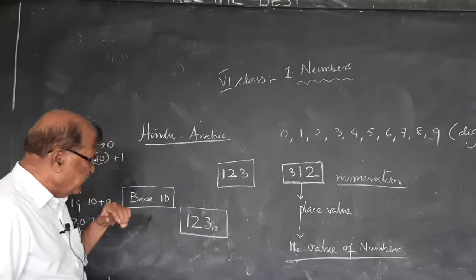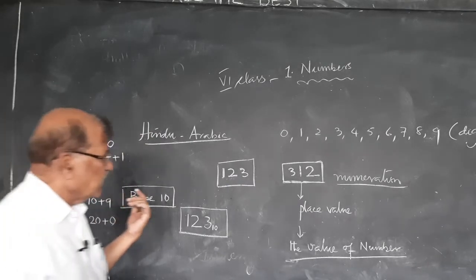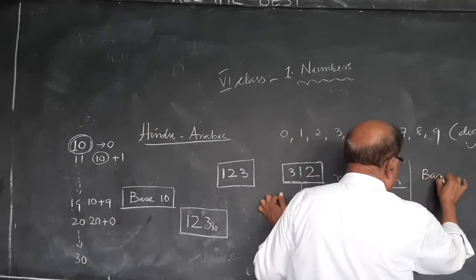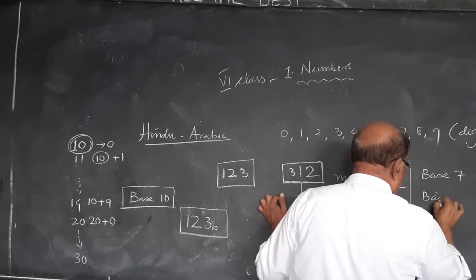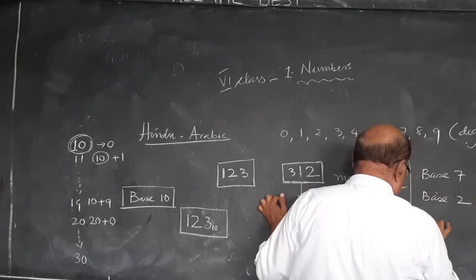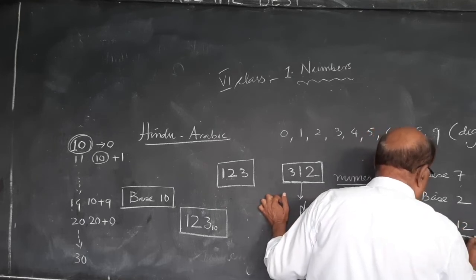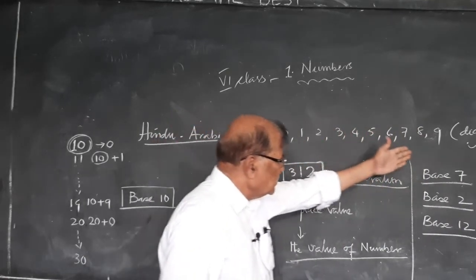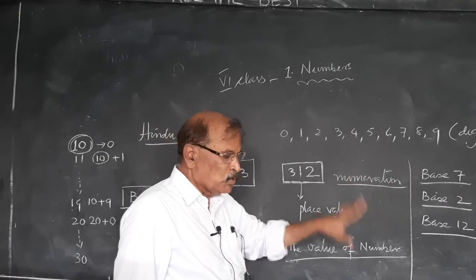Do we have any other systems in the world? Yes, we have base 7, base 2, and base 12. For these numbers, we have to write the base compulsorily.